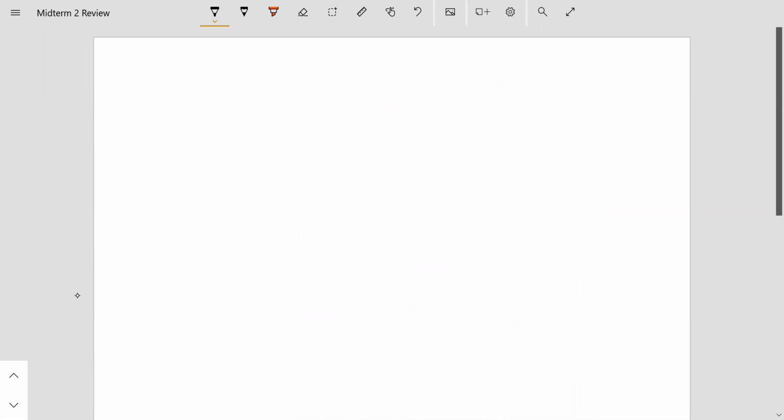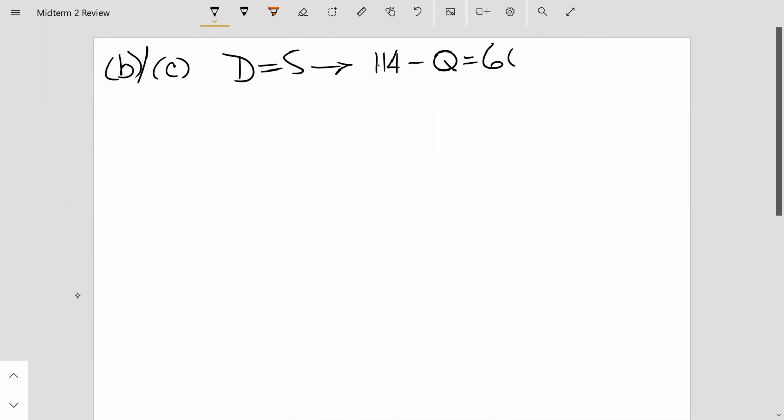So first what we need to do, I'm just going to put B and C, is set demand equal to supply, and you get 114 minus Q is equal to 6Q plus 2. If you solve this for capital Q, you get Q is equal to 16 units.